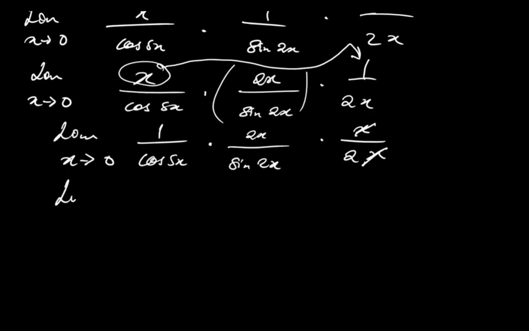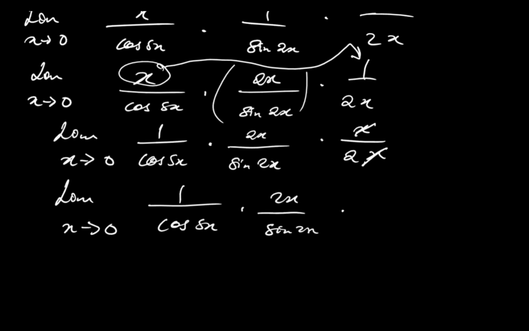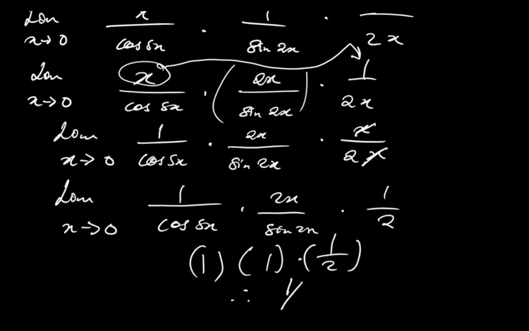So you have the limit as x approaches 0 of 1 over cos 5x times 2x over sine of 2x times 1 over 2. If we take the limit independently, 1 over cos 0 will give us 1. This 2x over sine 2x also gives us 1, times half. So the final answer is just going to be half.